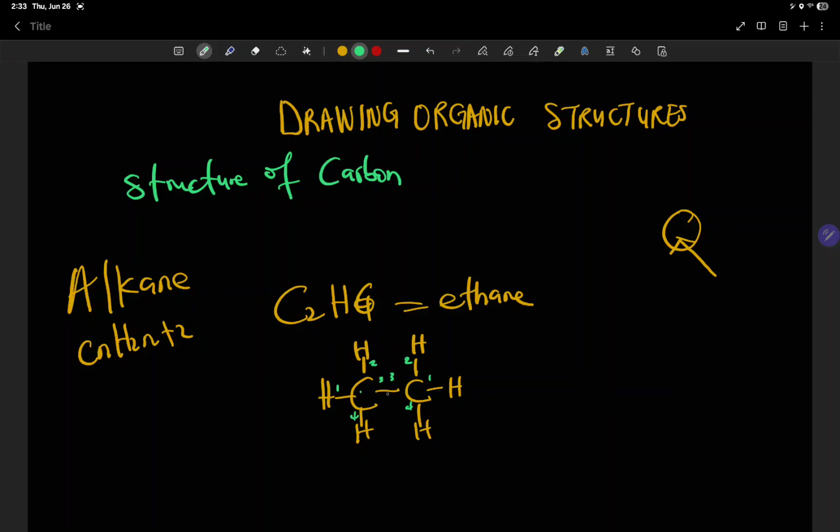This arm is shared by both carbons, but you can see that each carbon individually has 4 arms. This is basic knowledge that every organic chemistry student should know when dealing with organic structures. Having a basic understanding of this helps you to successfully draw any organic structure.